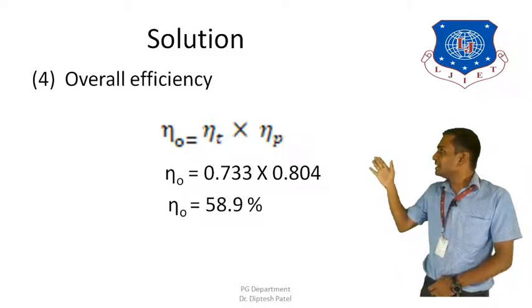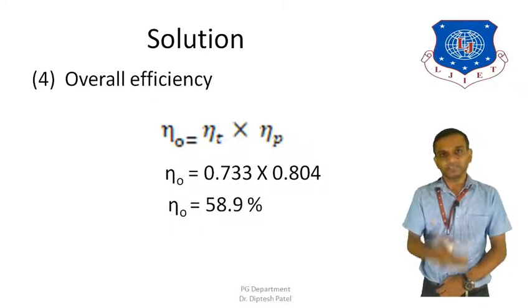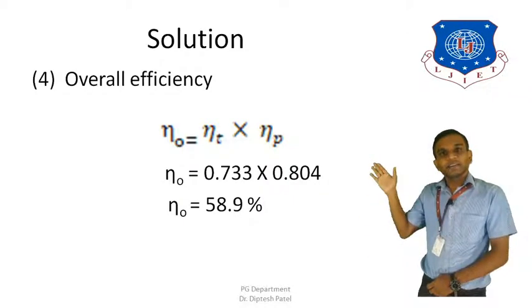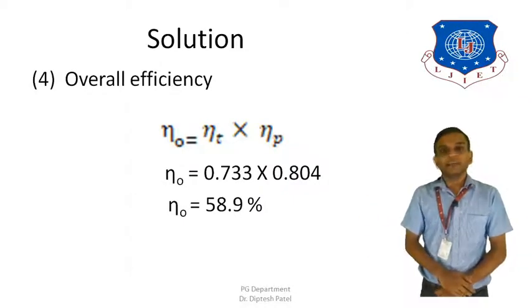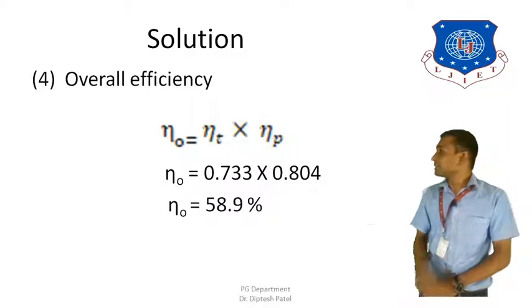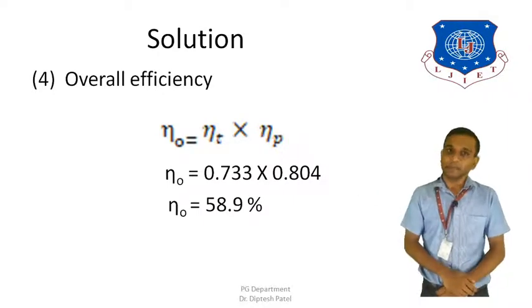You can see eta O is equal to 0.733, that is the thermal efficiency, into 0.804, that is the propulsive efficiency. After performing the calculations, the overall efficiency is 58.9%.